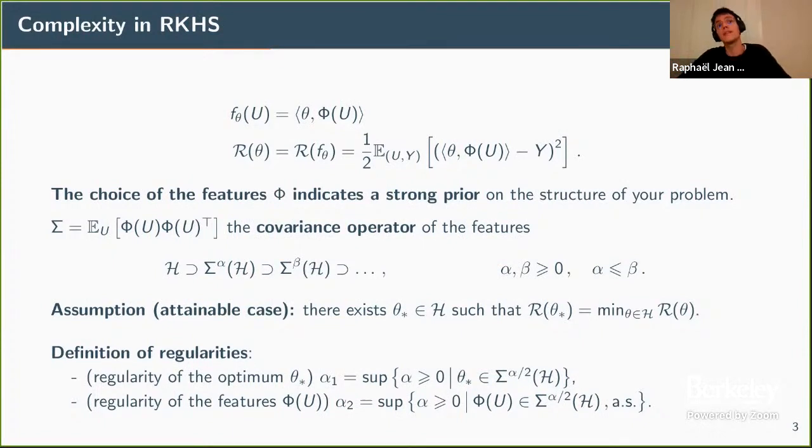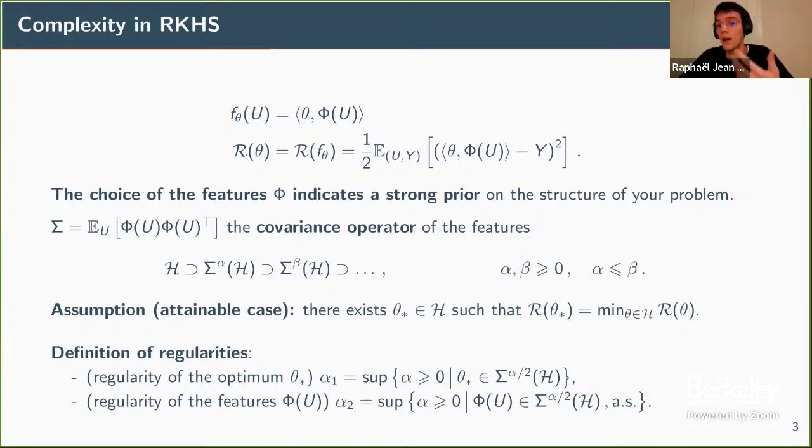And so you can use that to measure whether something will be easy to learn or not. So for instance, assume that you are in the so-called attainable case, meaning that your risk is minimized at a linear predictor theta star. In that case, you will measure the regularity of this optimum by looking at the largest alpha such that theta star is in the image of sigma to the power alpha over 2.